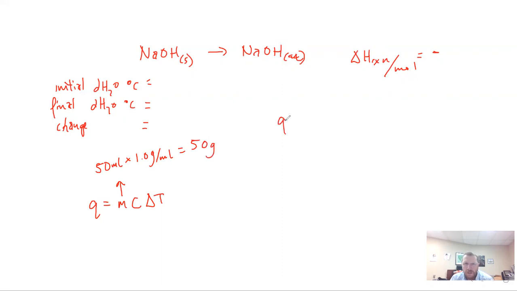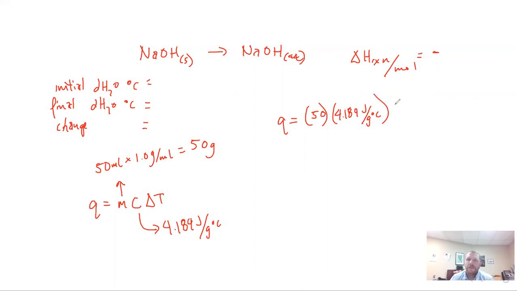Okay, so I'm going to set this up. Q equals 50 times, now this next part is my heat capacity, 4.184 joules per gram degrees Celsius.